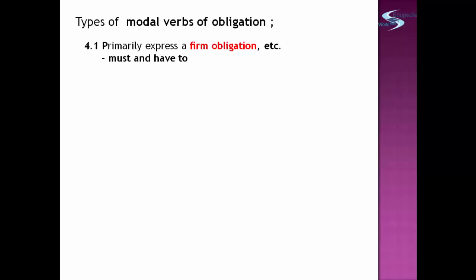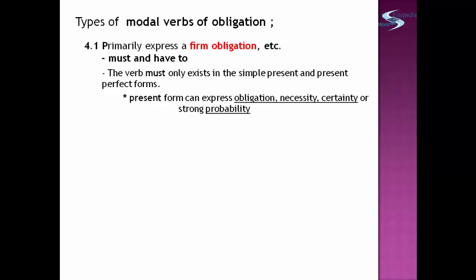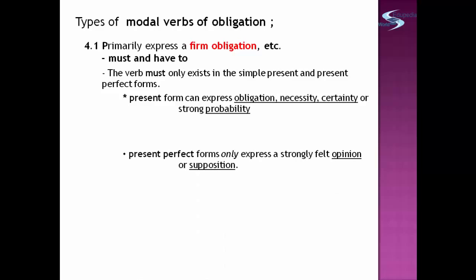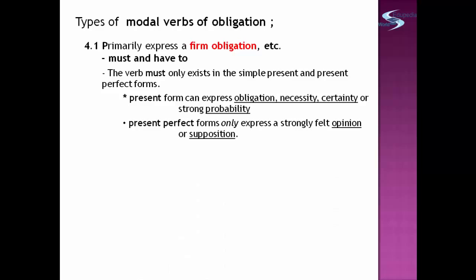So we have the forms must and have to. The verb must only exists in the simple present and present perfect forms. Present form can express obligation, necessity, certainty, or strong probability. Present perfect forms only express a strongly felt opinion or supposition.